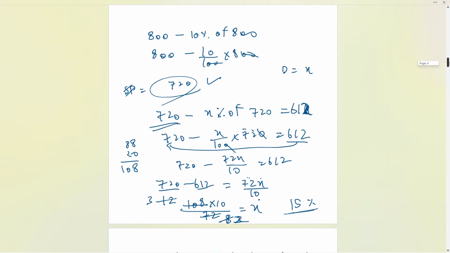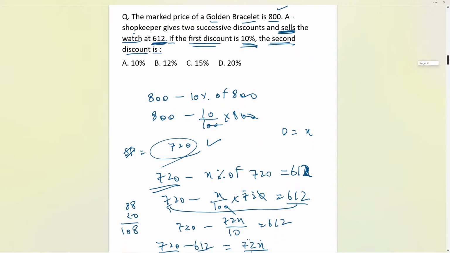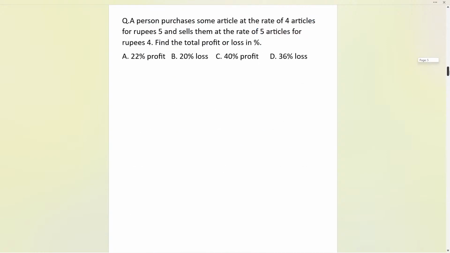Okay, so I hope everybody is clear, and some of the people in the chat box have given the correct answer as well. C is the answer. Next question. Again, 1 minute to go.